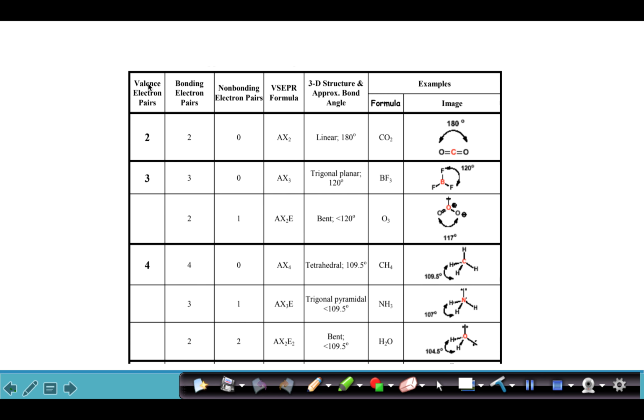So in summary here, we're going to take the number of bonded atoms on a central atom plus lone pairs to get what's called the steric number. That steric number, if it's 2, it's found in here. If it's 3, it's one of these. If it's 4, it's one of these. If they're all bonded, it's the top one.